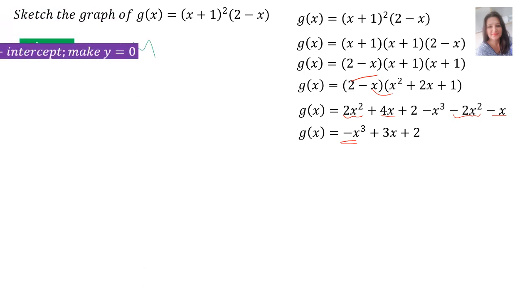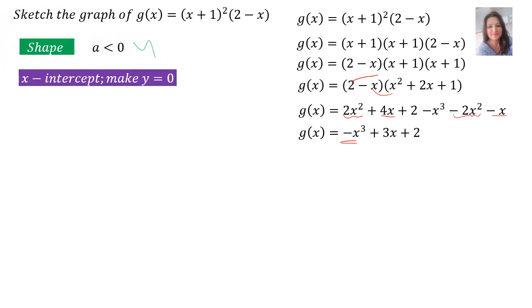The next thing is the x-intercept: make y 0. Now, you are very lucky in this case since your work is already factorized. So don't try and factorize this one again. It's already there, the brackets are there.